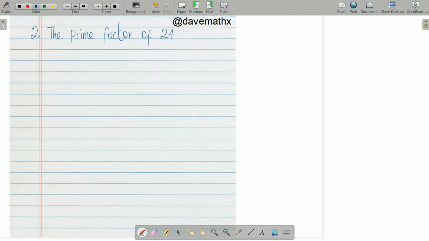We now need to familiarize ourselves with the factors of 24 that are prime numbers in order to identify the prime factors of 24.